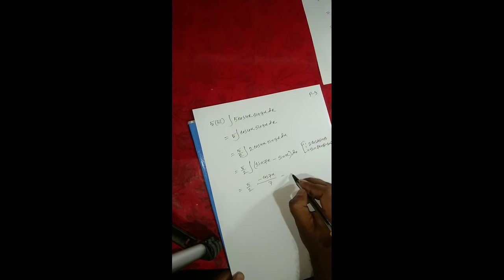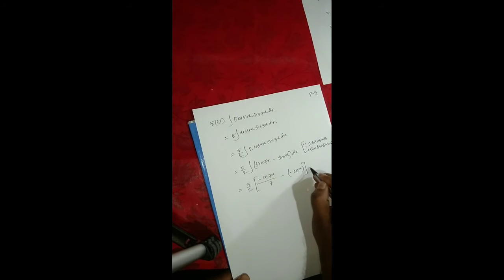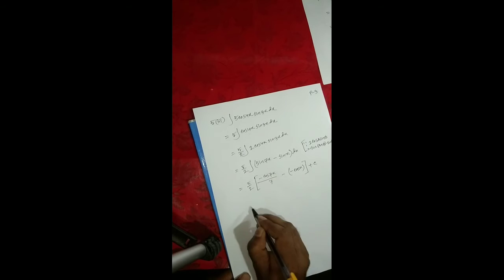Here this minus symbol, again sin x, and its integration is minus cos x. Now 5/2 is multiplied, plus c.